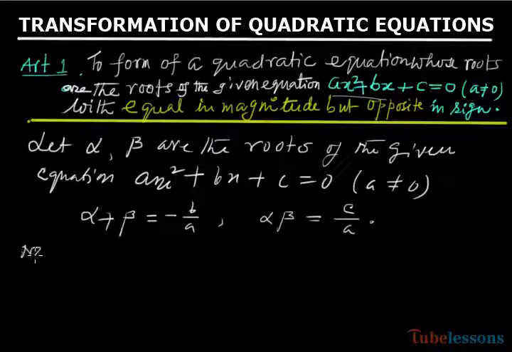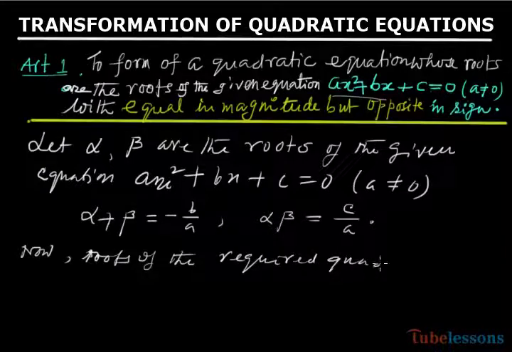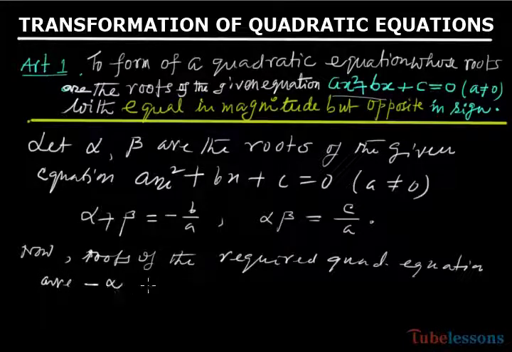Now, as the roots of the quadratic equation that we want to find are opposite in sign but magnitudes are equal, the roots of the required quadratic equation are minus alpha and minus beta.